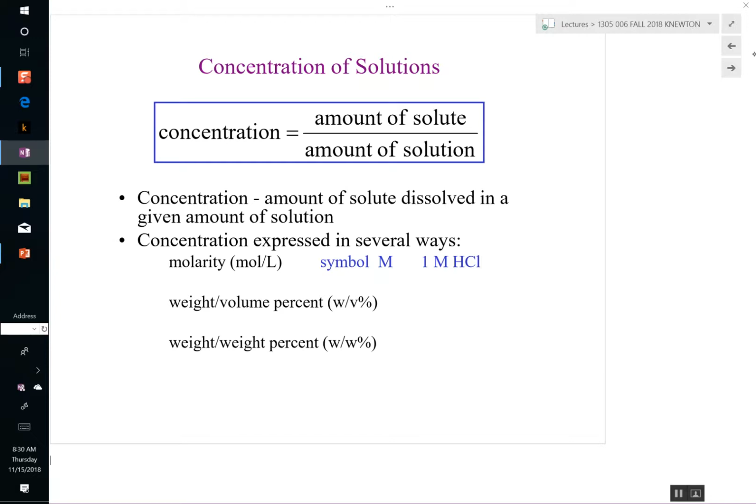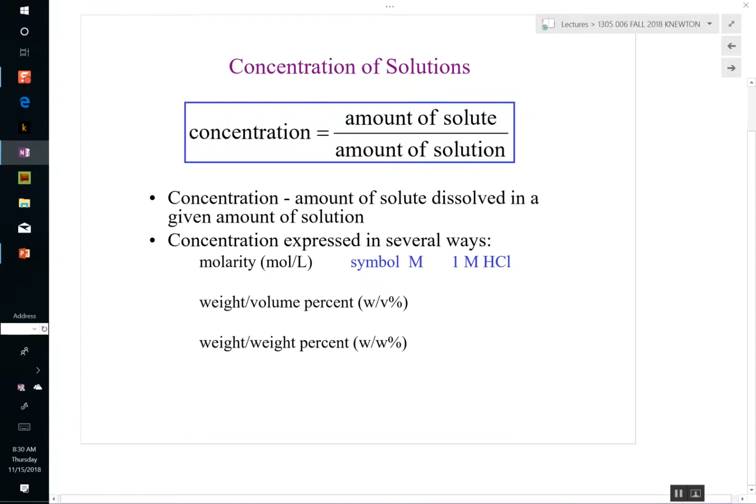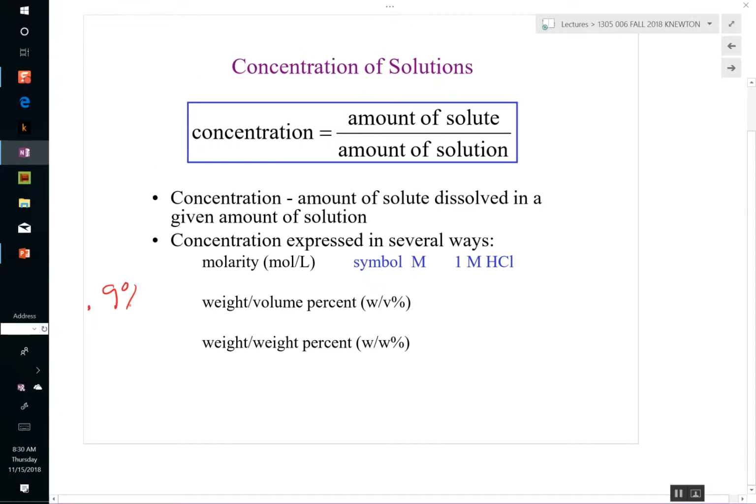Weight volume percent is the most common in the clinical environment, in the hospital. Saline solution is 0.9%. That means it's 0.9 weight volume percent: 0.9 grams of saline per 100 milliliters of solution.